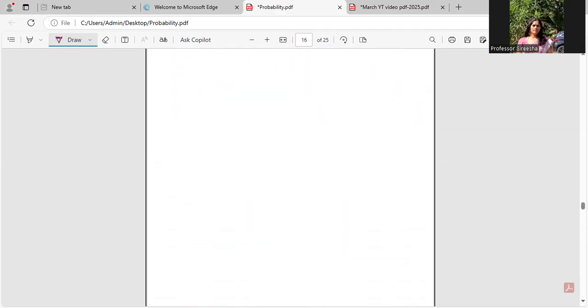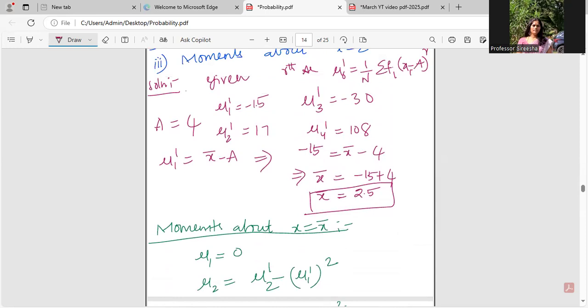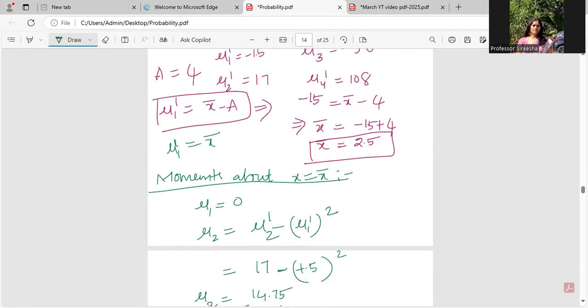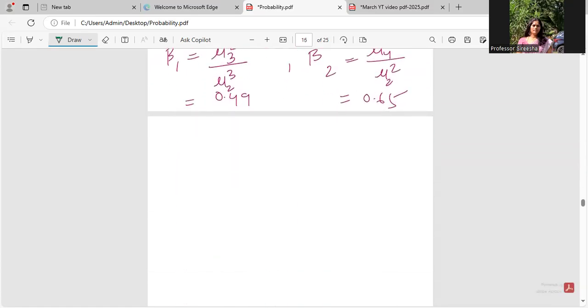There's one more formula that I wrote at the beginning of calculating moments: mu1 prime is equal to x bar minus A. Yes or no? Now in place of A, if I put 0, x bar and mu1 prime are both the same. That means the first moment about the origin is nothing but the mean. Let me rewrite, you will understand.